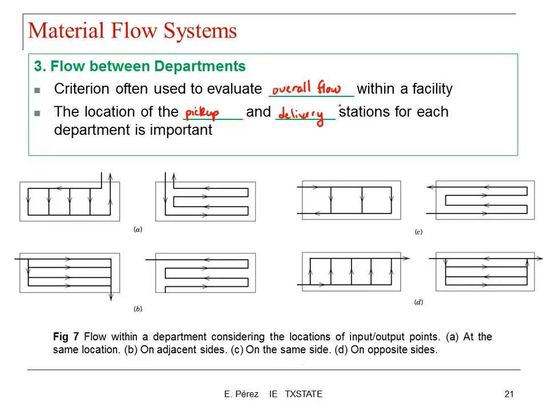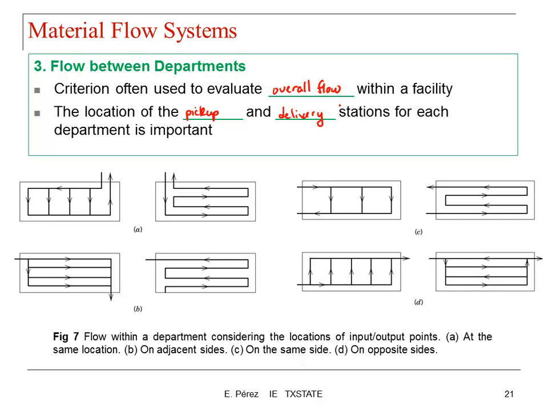So this gives you some type of guidance on what type of flow you can use when you have those configurations. Same thing here. We have one stream, the entrance, and at one extreme the exit, and so on.